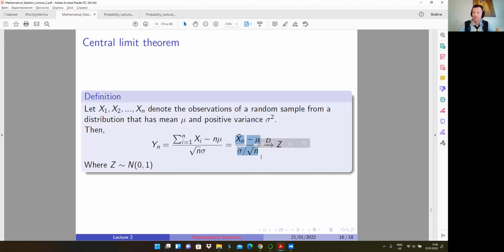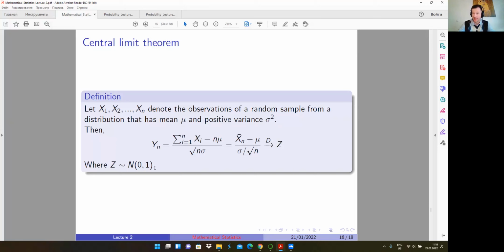And please remember this fraction. We will be using this fraction almost every day from now on. So this thing converges in distribution to some variable Z, and Z is the random variable that has a standard normal distribution. So now we are done, because now we know the distribution of a sample mean.